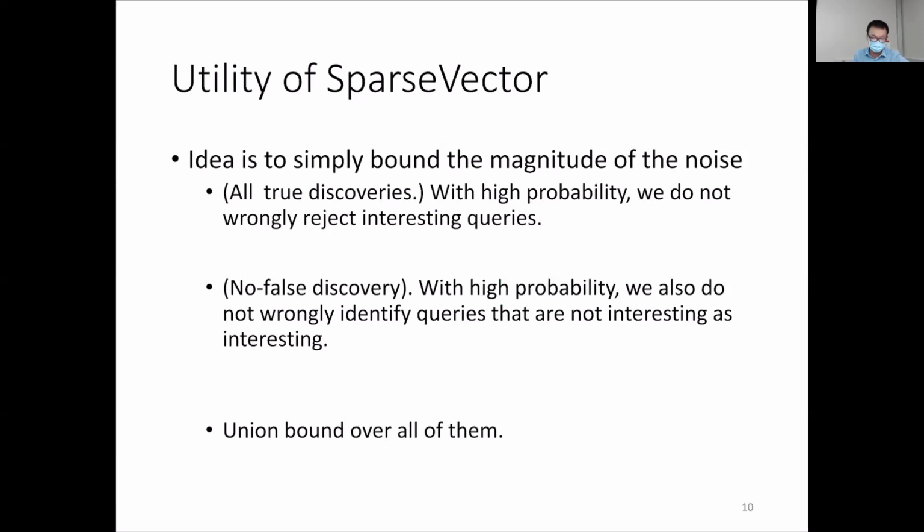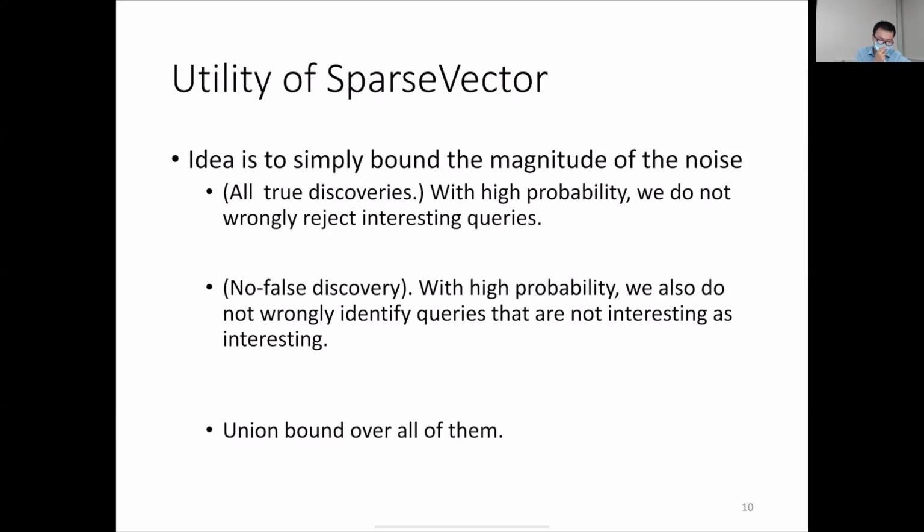And we can also talk about no false discovery. Among those that we reject, that we deemed not so interesting, can we certify that they are really far from being interesting? That's the kind of utility guarantee that we're going to talk about for this sparse vector.